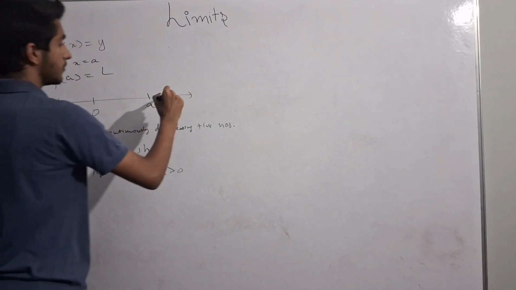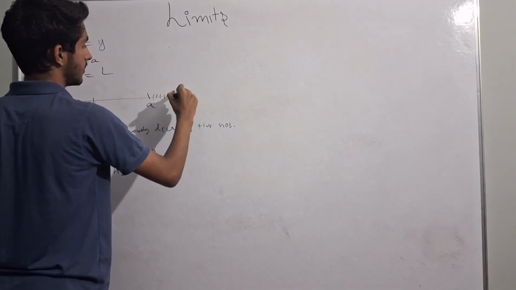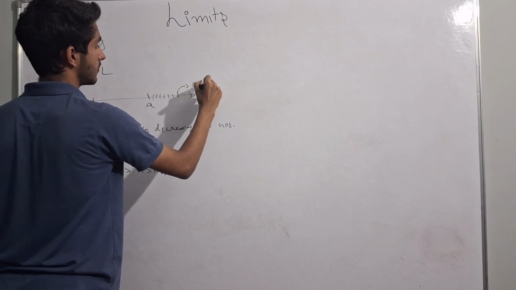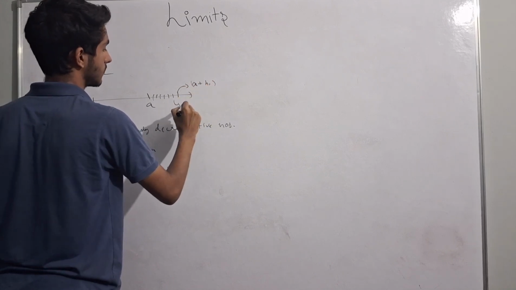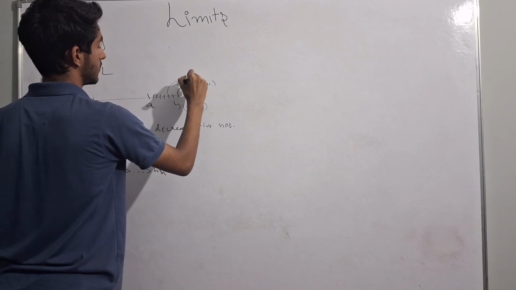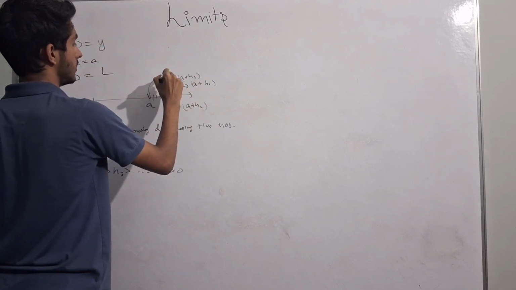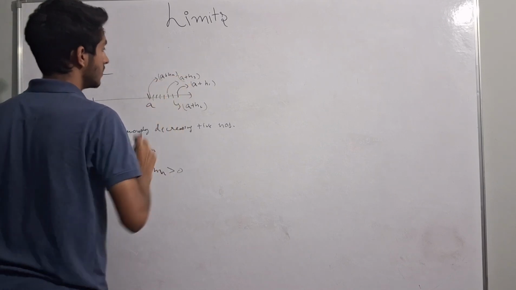And then we'll mark them on the number line like this, and this is point a plus h1, a plus h2, a plus h3, so on up to this point a plus hn.